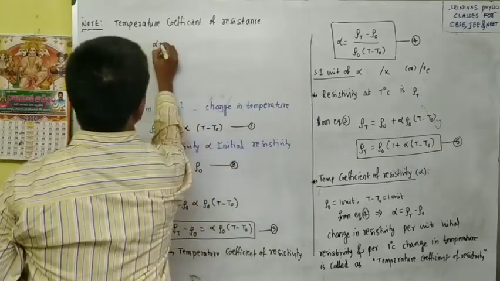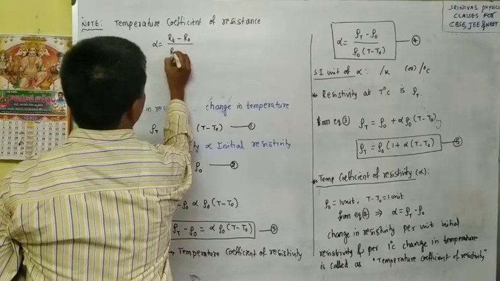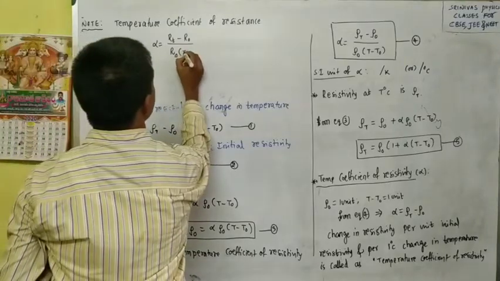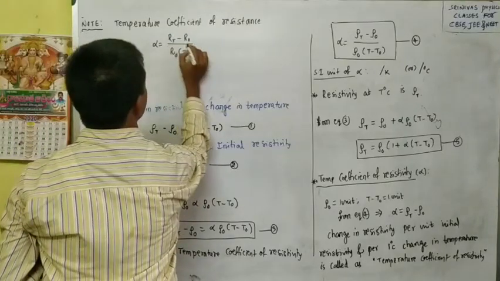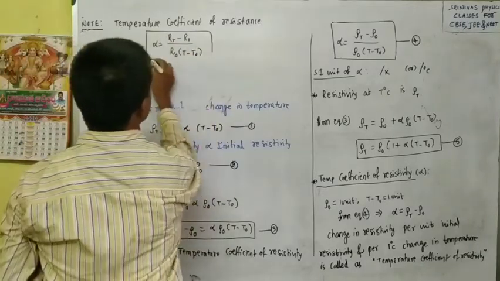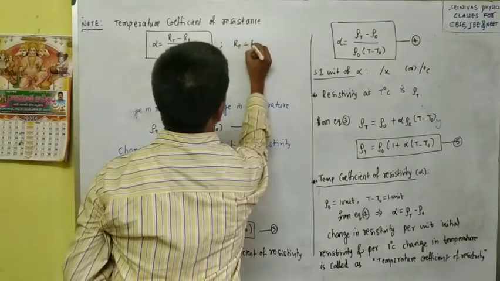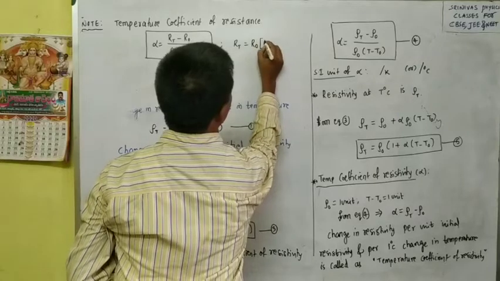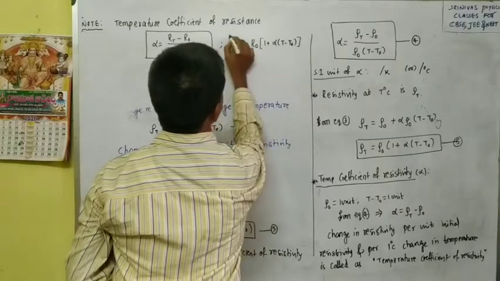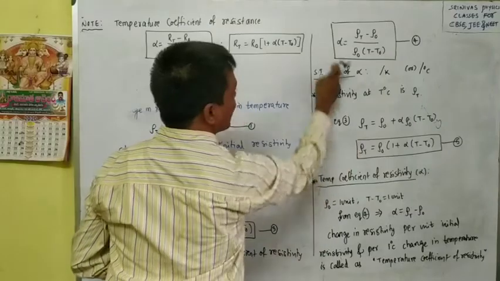That formula we can also write in terms of resistance: alpha equals (RT minus R naught) by R naught into (T minus T naught). Same formula, instead of resistivities we write resistance. From this, RT equals R naught of (1 plus alpha into (T minus T naught)), exactly the same as equation 4 and equation 5.